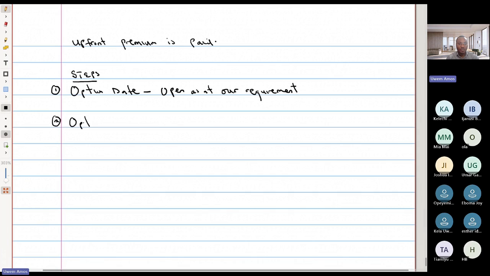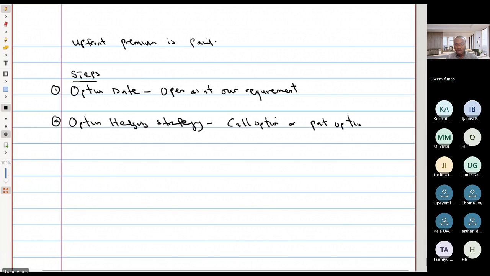Now there are two strategies. It's either a call option or a put option. A call option is the right to buy something, which is more or less like our long position on futures.